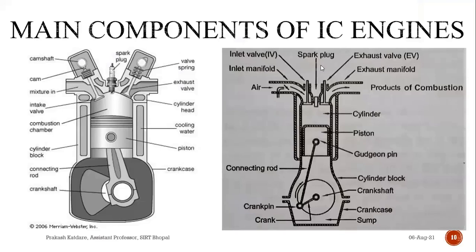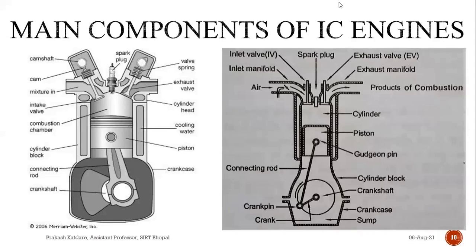Though the IC engine looks very simple as compared to external combustion engine, these IC engines are very complex machines. As you can see, there are hundreds of components present in an IC engine, and these components have to perform their function very efficiently so as to produce a desired power output and achieve a desired efficiency.